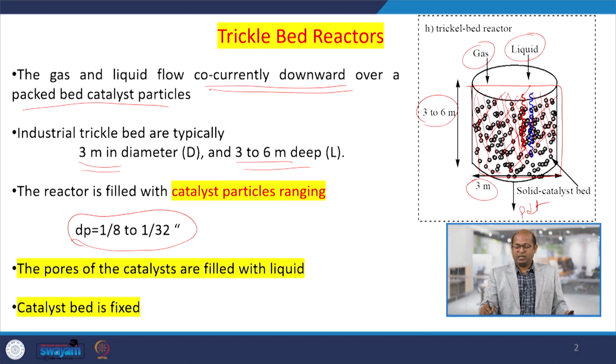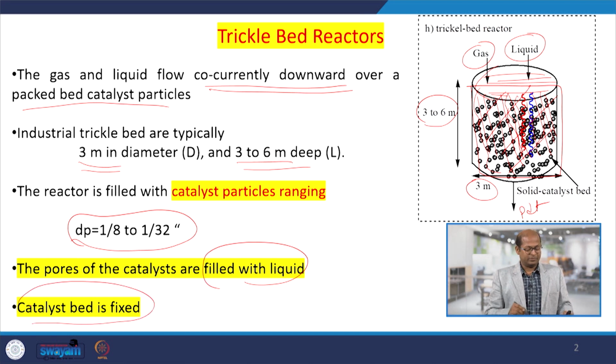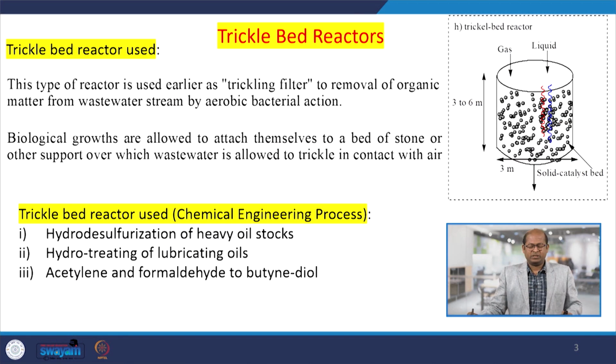When liquid and gas both pass through this bed of catalyst, the pores are filled with liquid, and the catalyst bed is fixed in this case. This type of reactor is an old type of reactor.